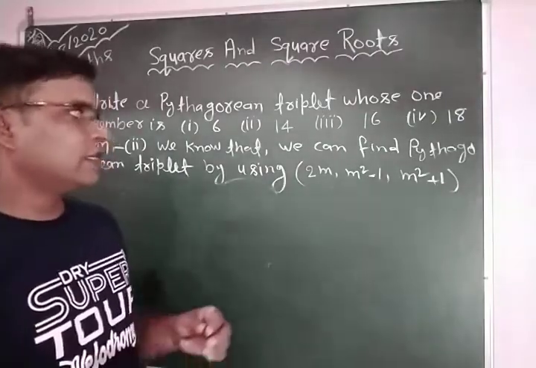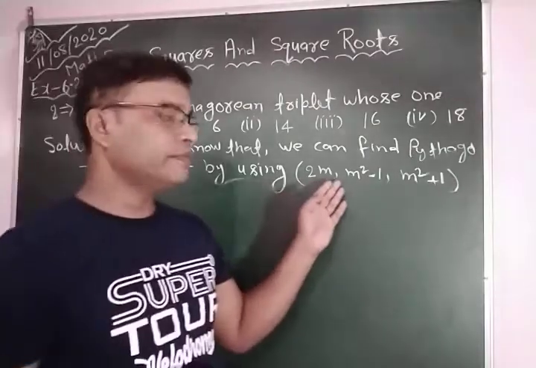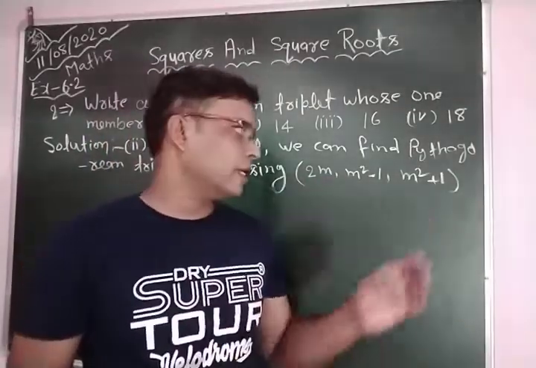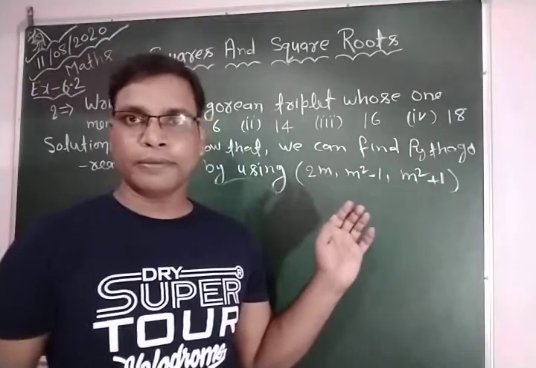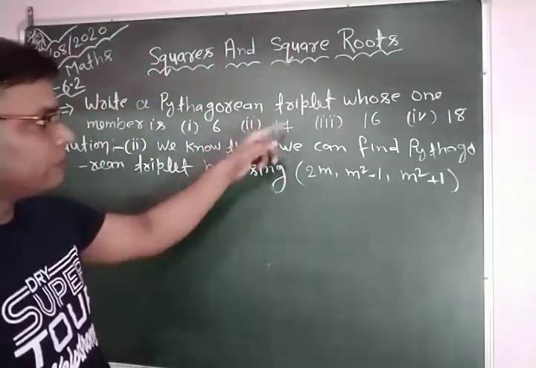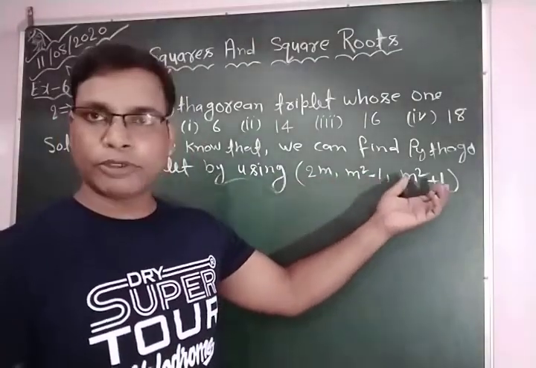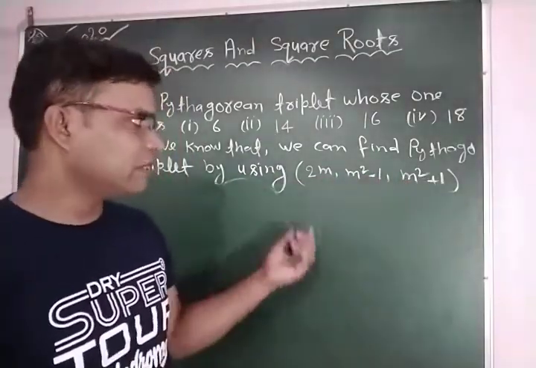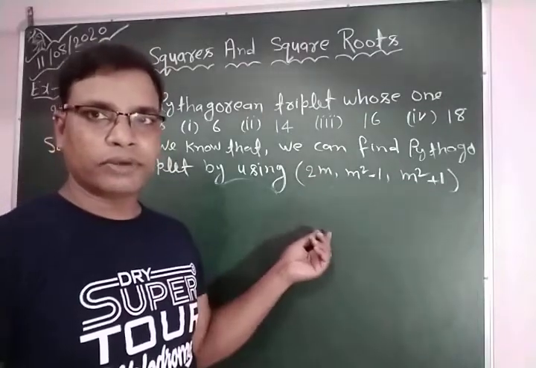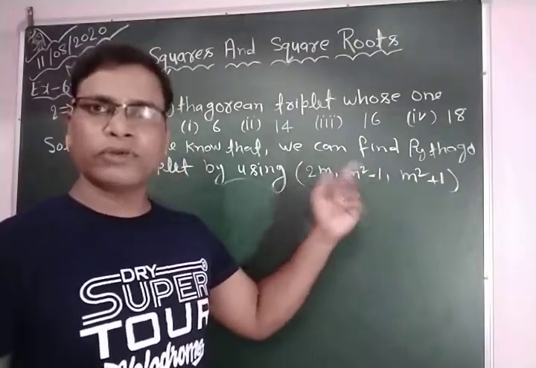As you know, we can find a Pythagorean triplet by using this formula: 2m, m square minus 1 and m square plus 1. We can take any of these members, maybe 2m, maybe m square minus 1, maybe m square plus 1. Generally we take 2m, but if you need to take m square plus 1, you can take that.